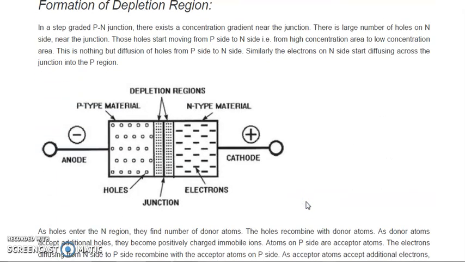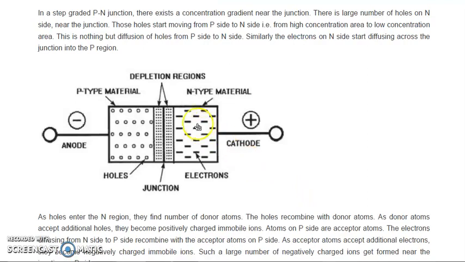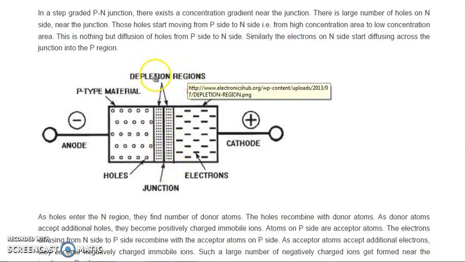So that's what we learned here. Electrons diffuse to the P-type region, and holes diffuse to the N-type region. They form a neutral region which lacks free electrons and free holes. This region is known as the depletion layer or depletion region.